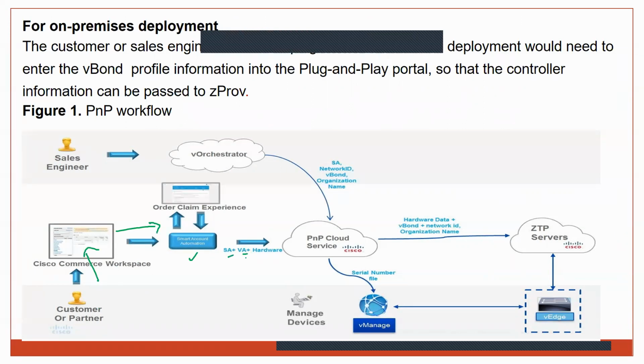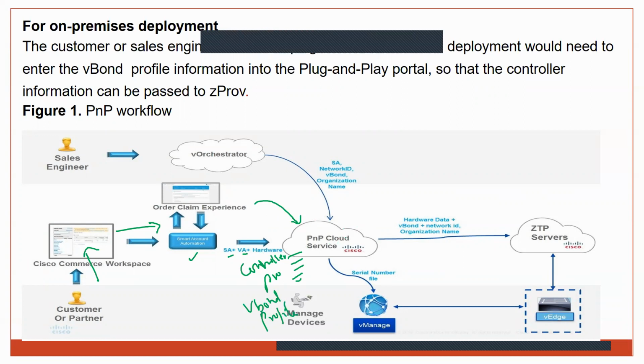A smart account may be tied with a virtual account. You are inside the PNP portal. Inside that PNP portal, you have your listed devices. You have your controller profile. Controller profile in that case is nothing but the vBond profile.